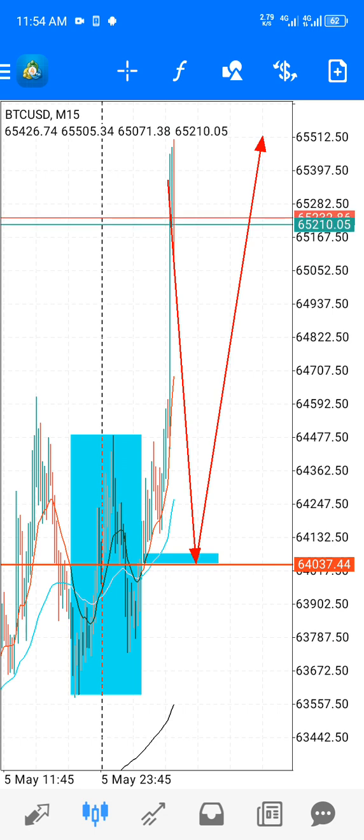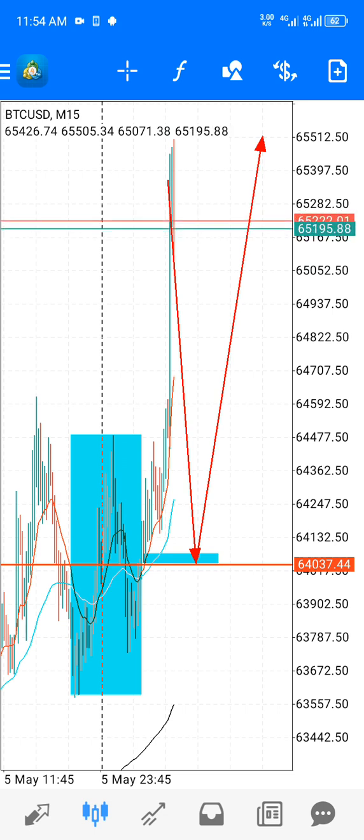When we talk about the AR50, the AR means the Asian range. AR stands for Asian range, and 50 stands for the 50 moving average, the 50 middle of the Asian box.